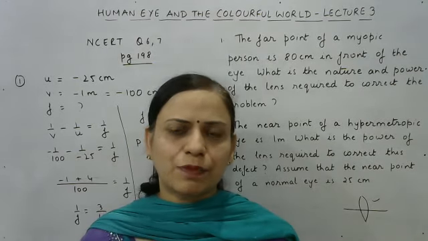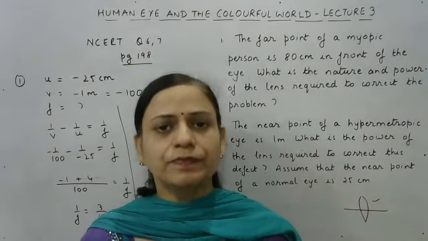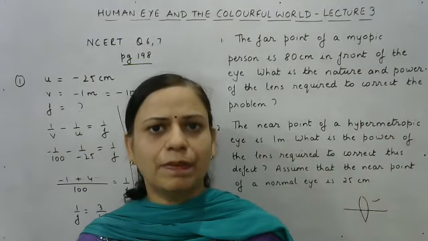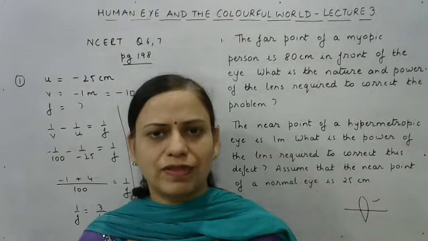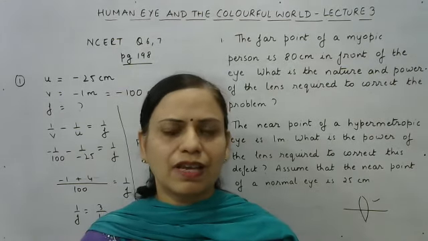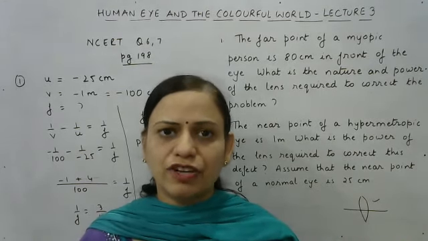If the focal length is positive, the power will also be positive, and if the focal length is negative, the power will also be negative. And accordingly we can find out the nature of the lens, and if we know the focal length, we can very easily calculate the power of the lens also.